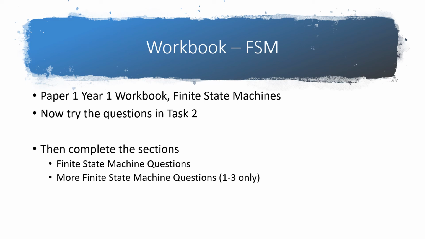Funnily enough, they're actually called finite state machine questions and more finite state machine questions. But on that last section, you only do questions 1 to 3. Right, so have a go at trying to do that. So you might want to pause the video here, and the reason why you only need to do 1 to 3 is the questions after 3 are about machines with output, which is what we're going to look at next. So if you want to pause it here, you can get those done and you can start it when you're ready.